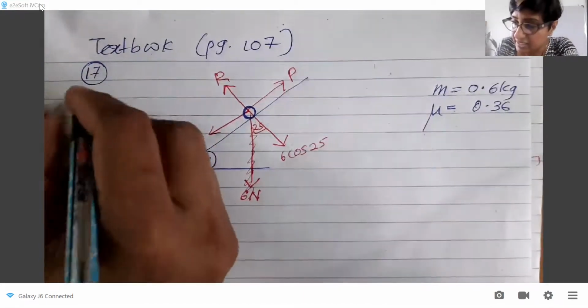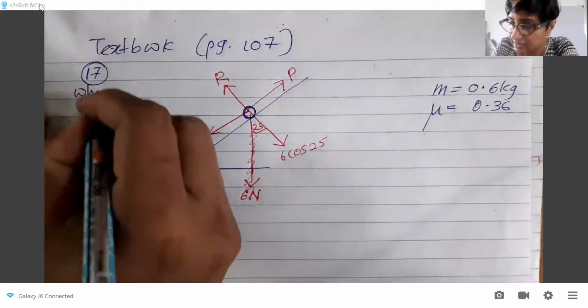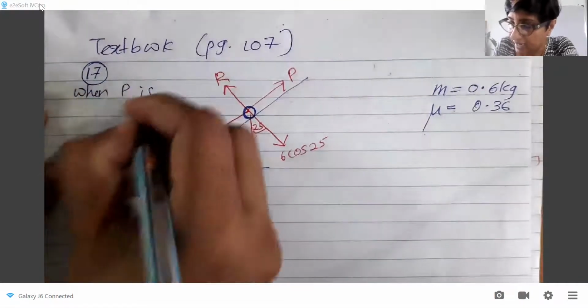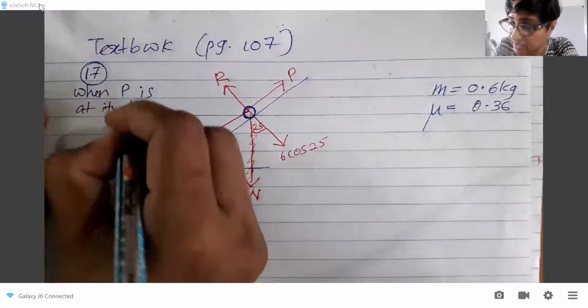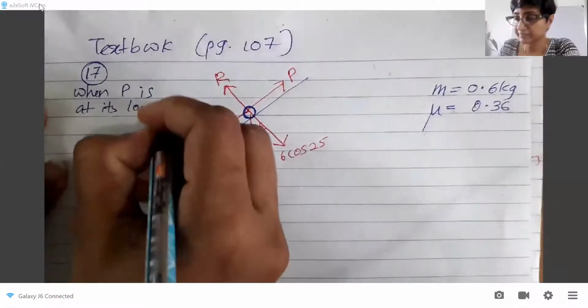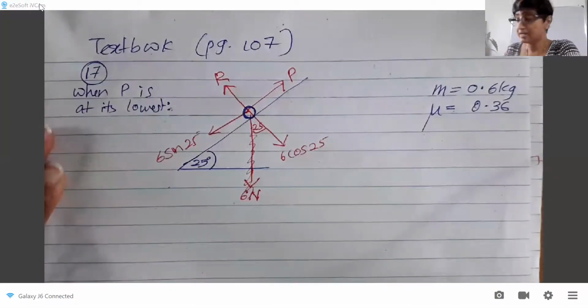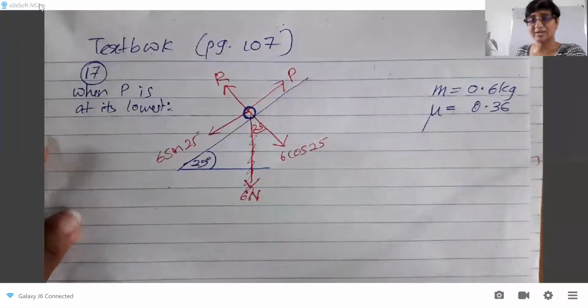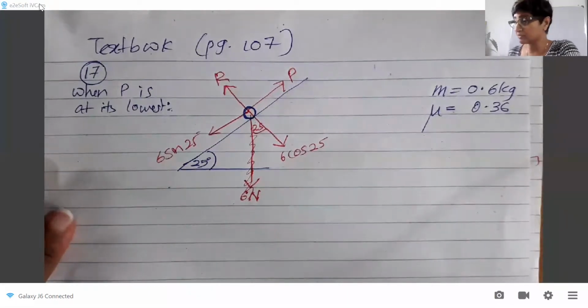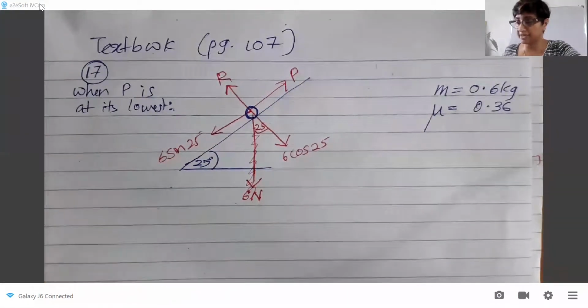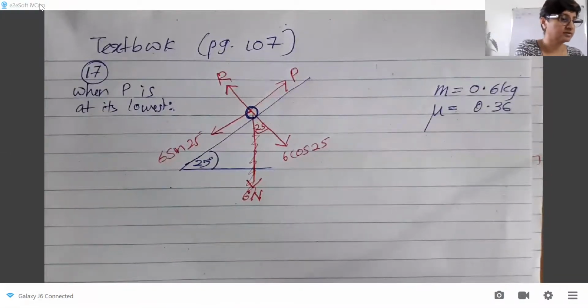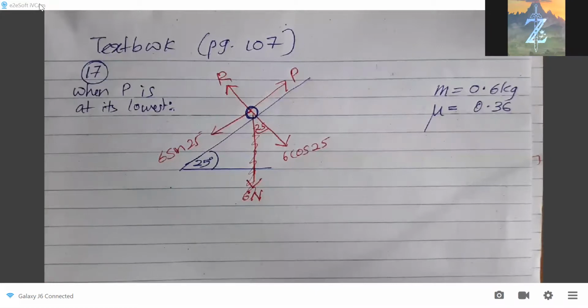If this is when P is at its lowest, then F max is the only force that would be different here. F max acts upwards.